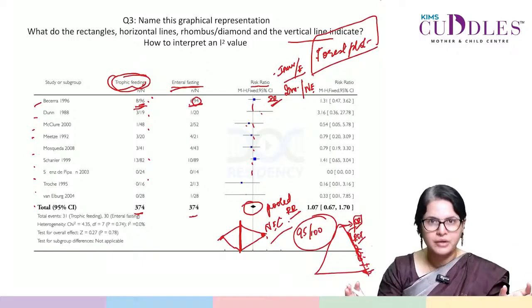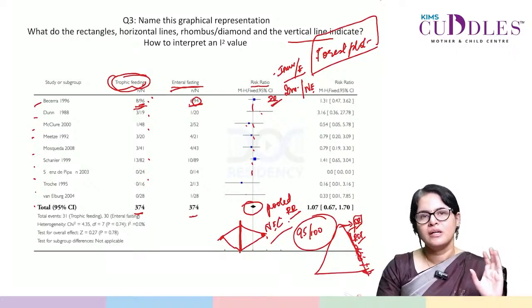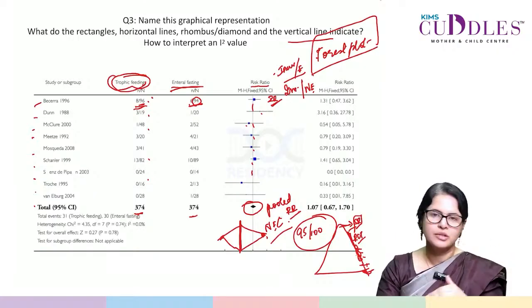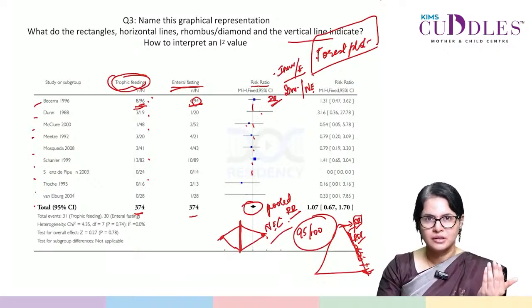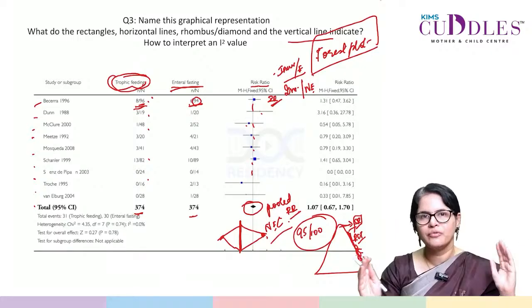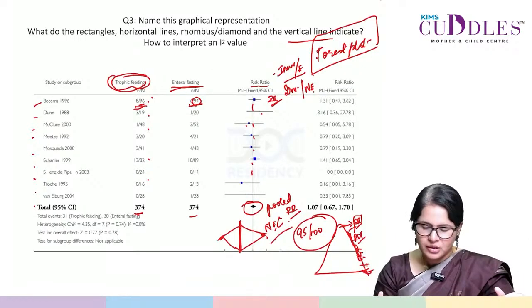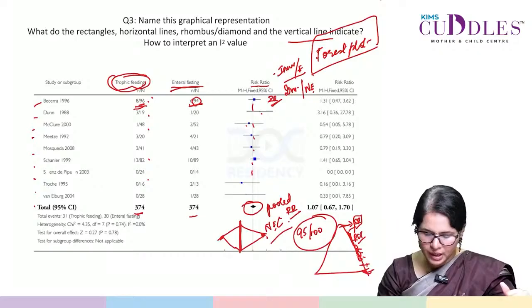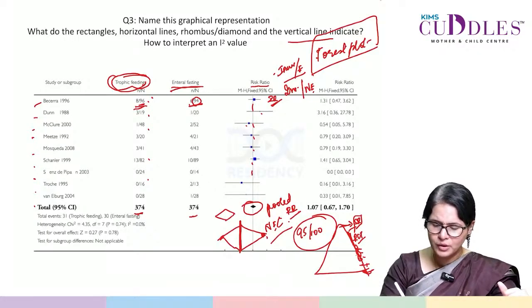So, 95 out of 100 times, the study's relative risk is likely to lie between the upper and the lower confidence interval, which represents the maximum likelihood of where the RR is going to lie. Based on this pooled RR, you find whether it lies completely to one side of this line of null effect, also called the line of equivalence.